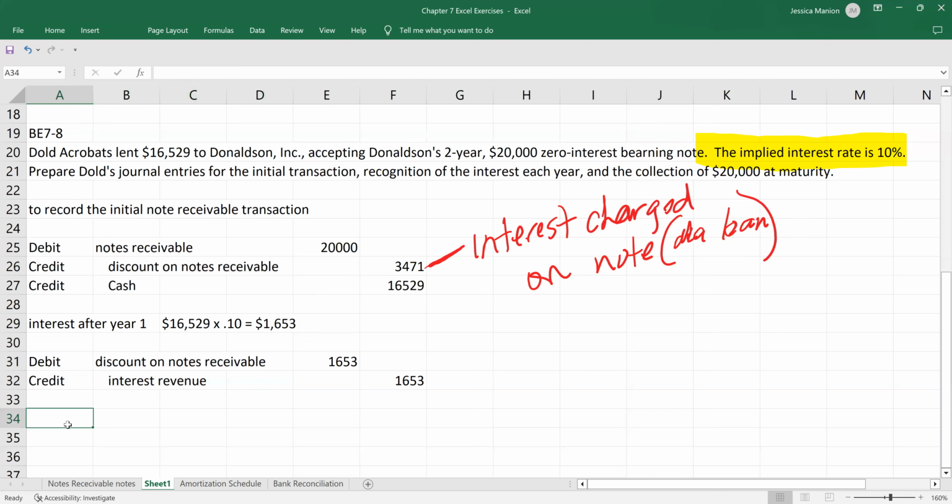And then we would do the same thing after year two, right? So interest after year two.